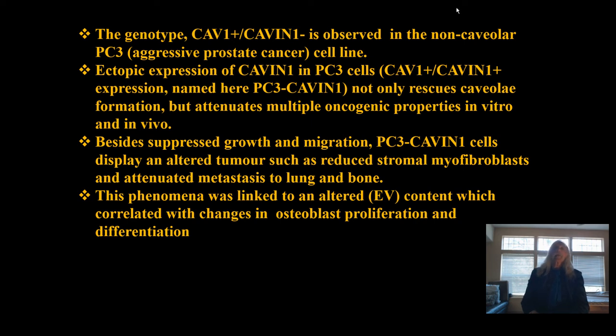So the overall phenomenon seems to be linked to an altered EV, right? Those are the extracellular vesicle system content, which correlated with changes in the osteoblast proliferation, which is a component of the cancer, and then differentiation, ultimately leading to a tumor.